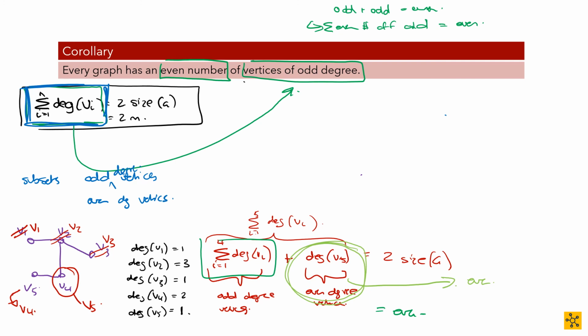So how do we show the summation of the odd degree vertices is equal to an even number? Well, we say, okay, we have the simple graph. Can we generalize it in such a way that we have a subset for all the odd degree vertices and a subset for all the even degree vertices? And we relabel it so that it just works out prettily when we do the math.